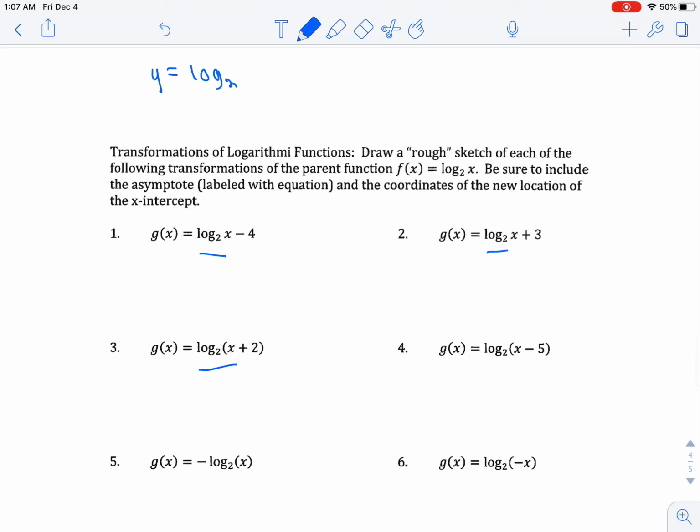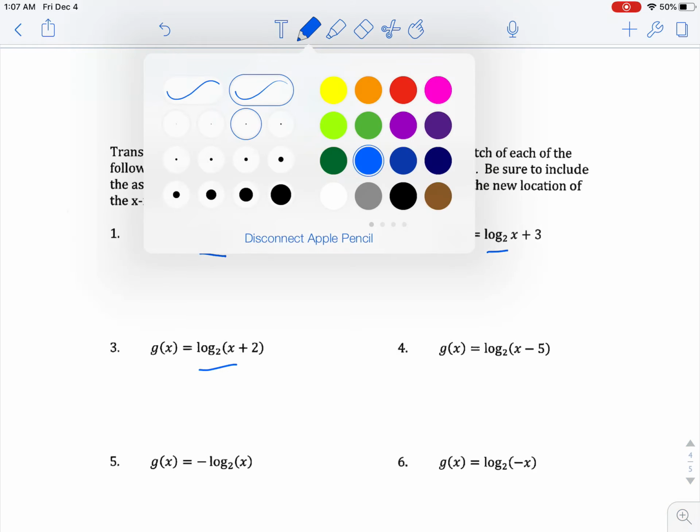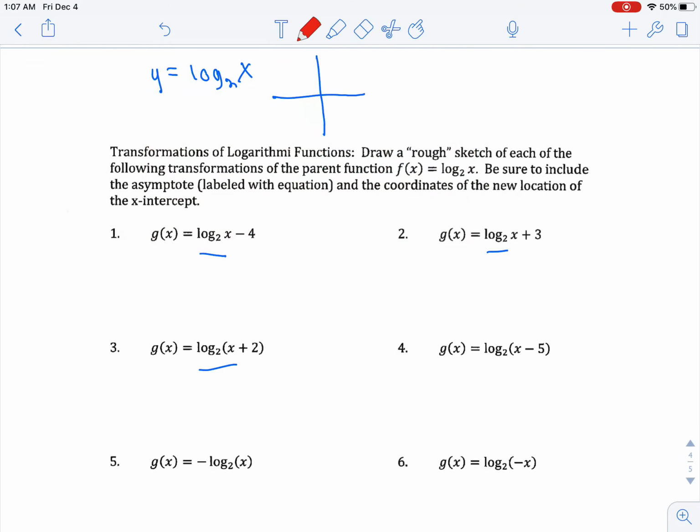So we're going to use that log base 2 of x that we just looked at as the parent function and just move it around, flip it, or move it horizontally or vertically. So log base 2 of x, remember, looks like this. It has an x-intercept of 1, and the y-axis acts as an asymptote.